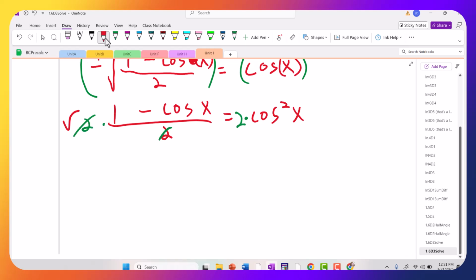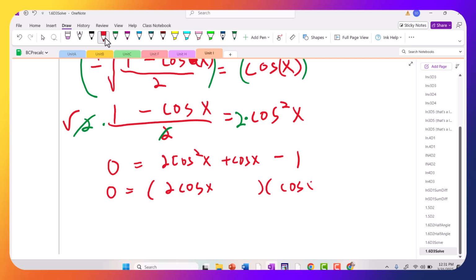Then you know what I'm going to do? I'm going to get this side to be 0. Add cosine of x and subtract 1. So I'm going to get the left side to be 0. And then good FOILers, good factors. And then I have a positive. So what should be here? Positive 1 or negative 1? Because what I'm thinking about is what should be underneath that line.